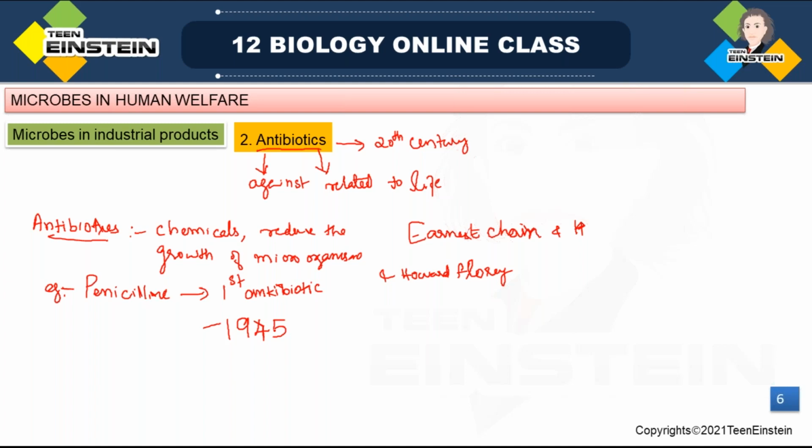After this work, many other scientists produced many antibiotics from different microbes. These antibiotics help to treat several diseases like plague, whooping cough, leprosy and so on. Got it? Is it clear?